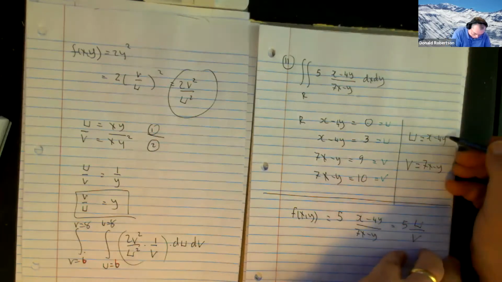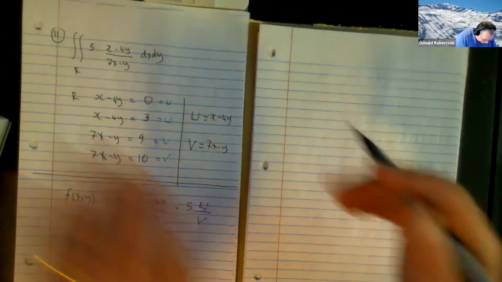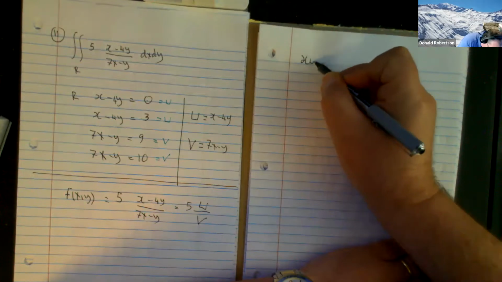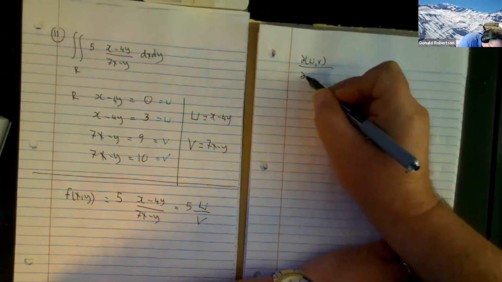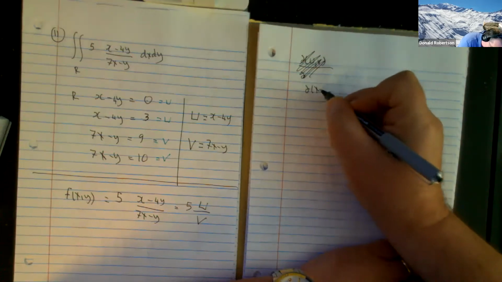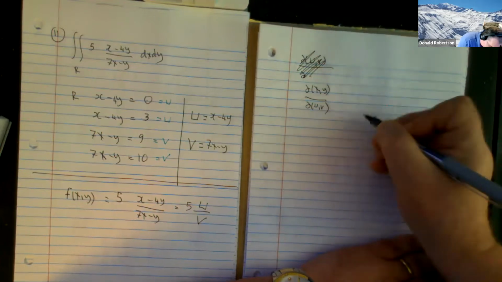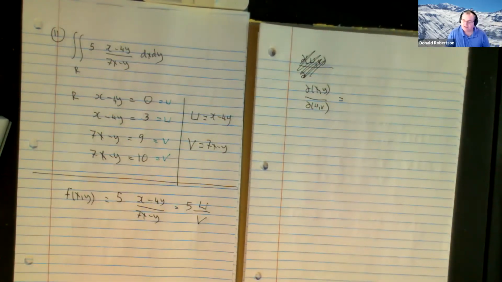And since I've got the u and the v, the only piece that's kind of missing now is the Jacobian, and this one should be over with. That's the guy I want, agreed?